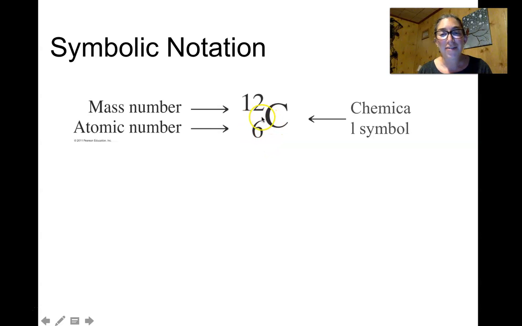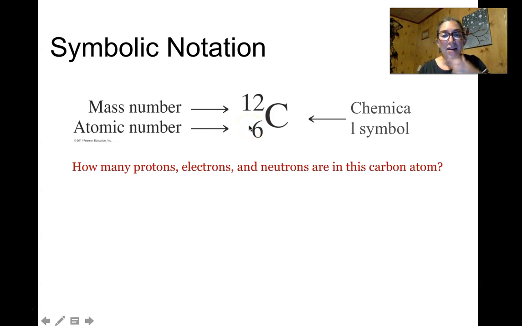It's a little bit confusing because it's kind of flipped from how it is on the periodic table. The atomic number on the periodic table is usually on top, but in symbolic notation we put it on the bottom. Right?